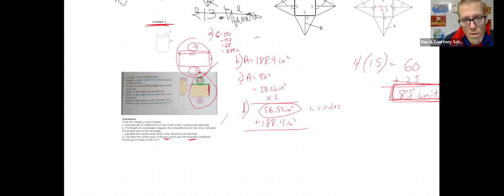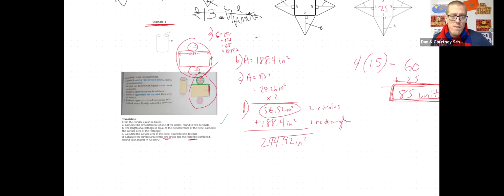And look at that, we have another example of Maimona with the calculator. She got what I got: 244.92 square inches represents the surface area of this cylindrical solid.